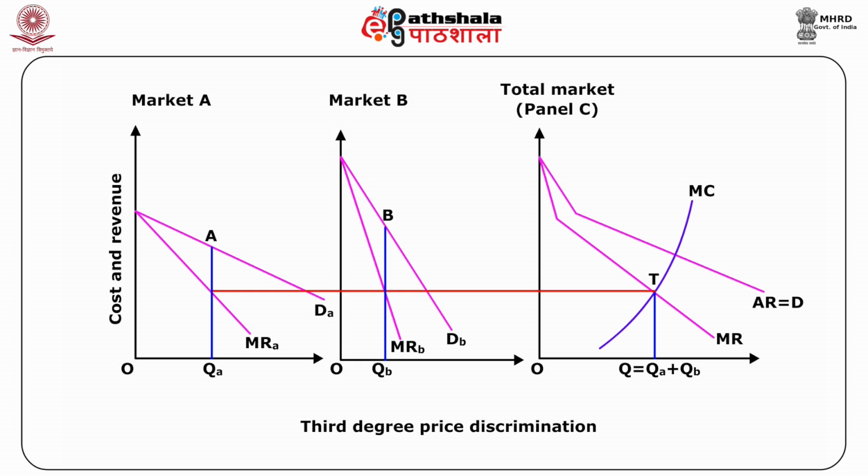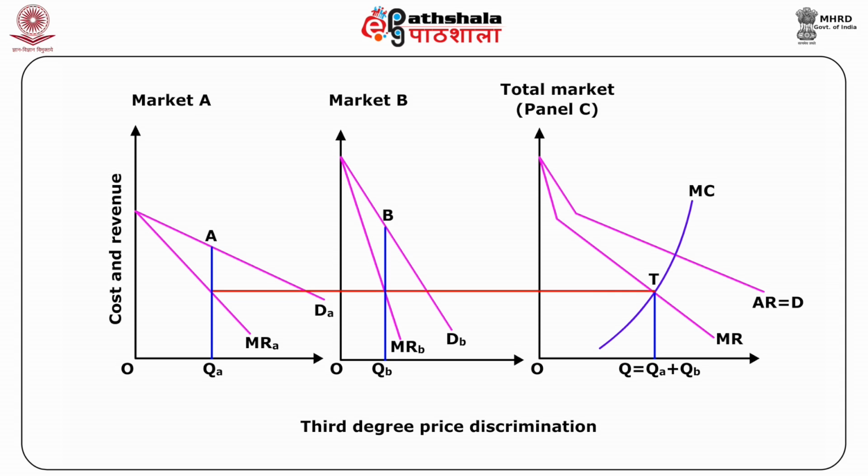The monopolist maximizes profit in market A by selling OQA units at price AQA and by selling OQB units in market B at price BQB. The firm's total equilibrium output is OQ equals OQA plus OQB.